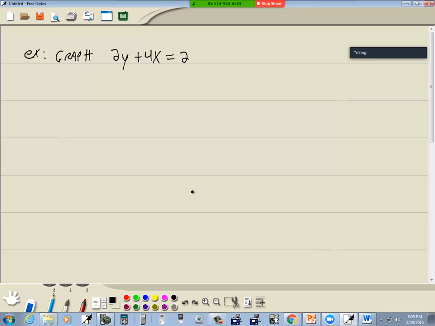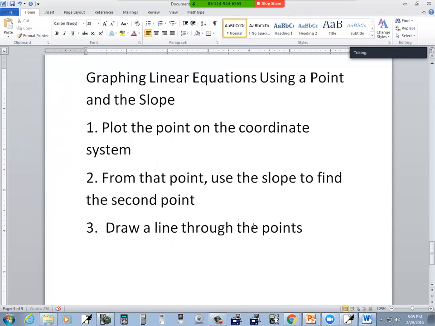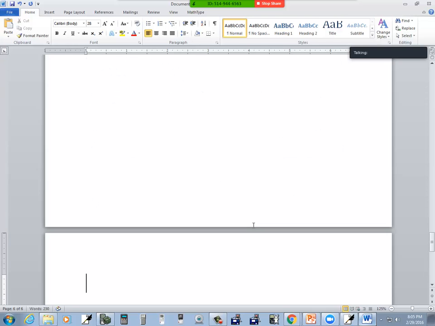So we want to graph that. And specifically, we want to graph it using slope-intercept form. So graphing a line using the slope-intercept form.